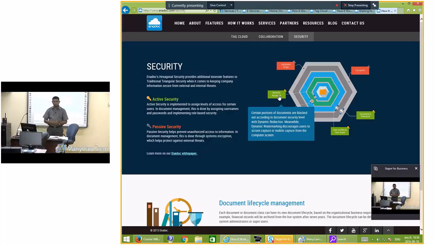So that is how we tackle hacking or information theft, right? Most of the time it happens with the internal staff or the employees of the organization, right? So in most situations the hacking is done by the internal staff.